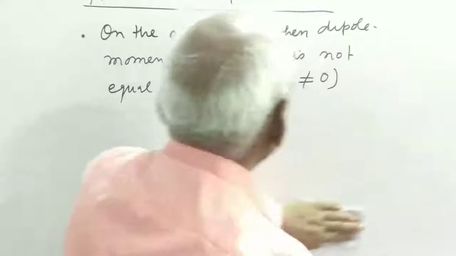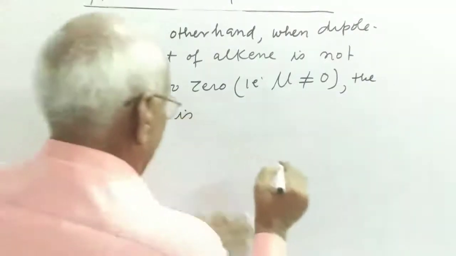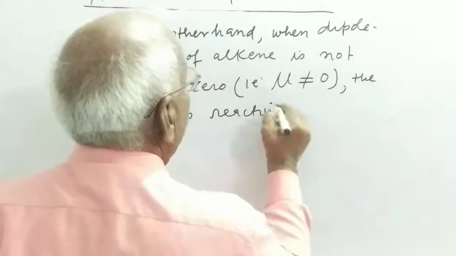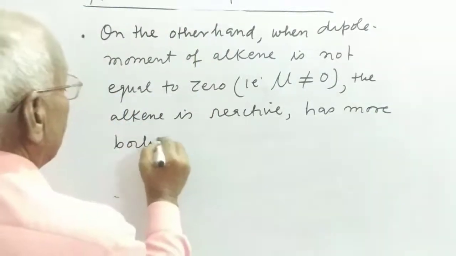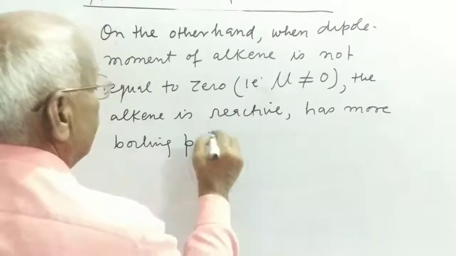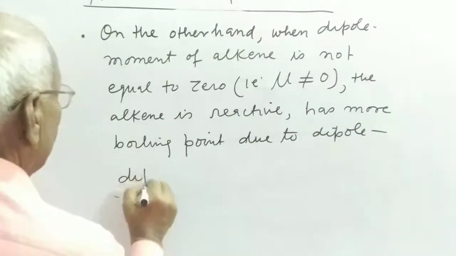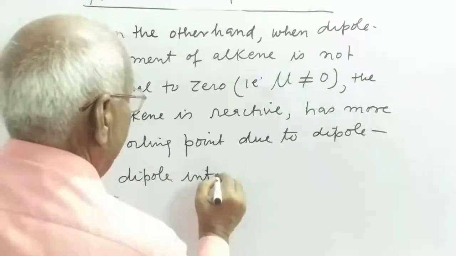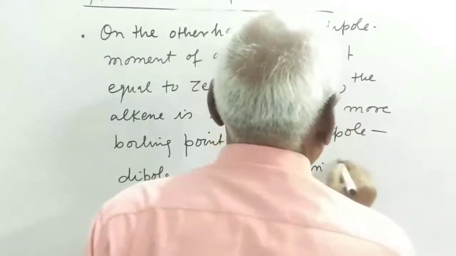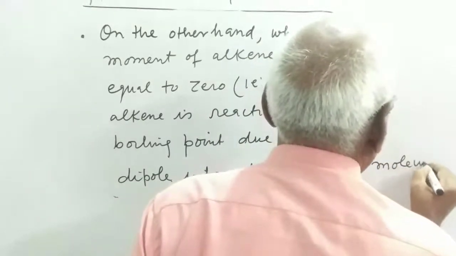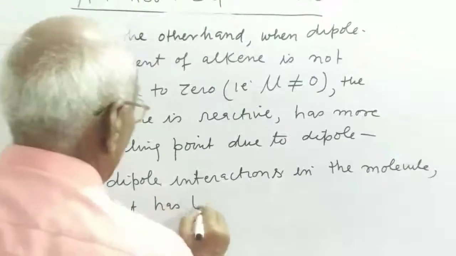The alkene is reactive, has more boiling point due to dipole-dipole interactions in the molecule, but has low value of melting point.